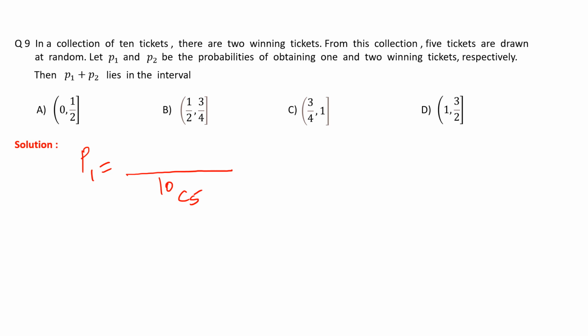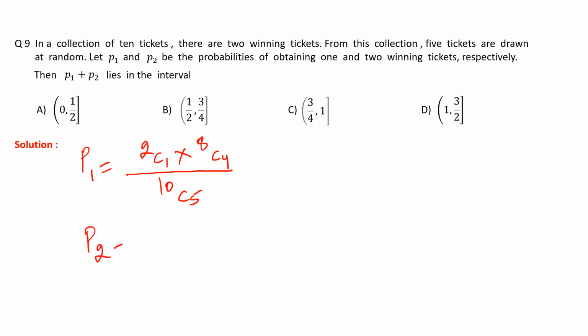It is going to be 2C1. Out of the 2 winning tickets, I am drawing only 1. Into, at the same time, I have to draw 4 tickets more out of the remaining 8, because these 8 tickets are non-winning tickets. Fine. So it is 8C4. So this becomes the value of P1.